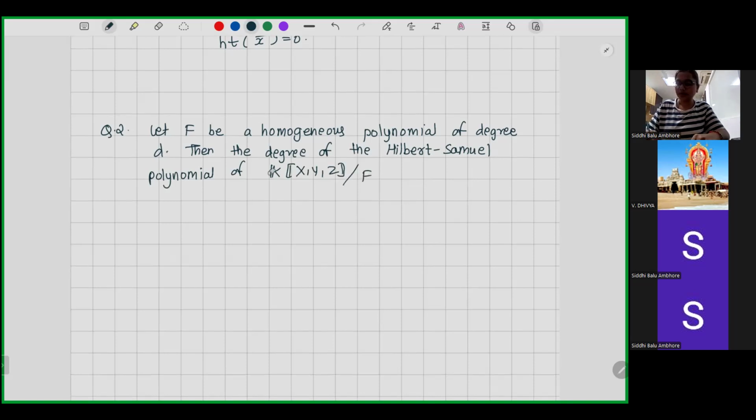Okay, now we are in power series ring. Sorry, f is a polynomial of degree d. Okay, so it's not a formal power series.